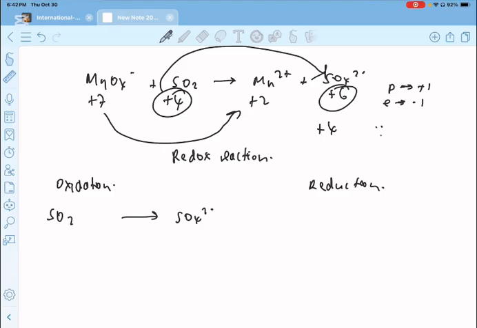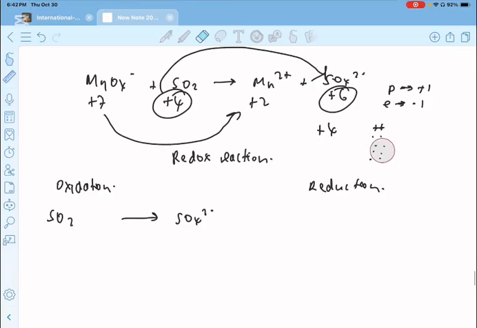Let's say you have 10 protons. Let me actually put positive charges, that's better. So you have 10 protons, okay? And how many electrons? Let's say you have 6 electrons. The total charge here is going to be plus 4 because there are 4 more protons than electrons.